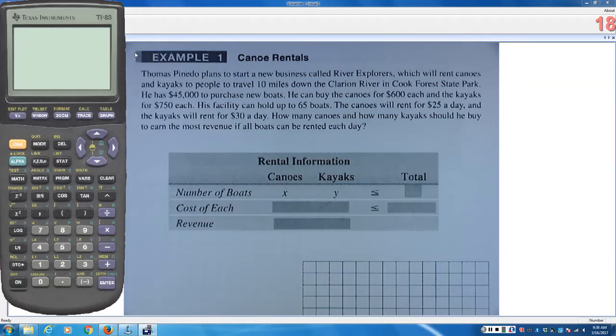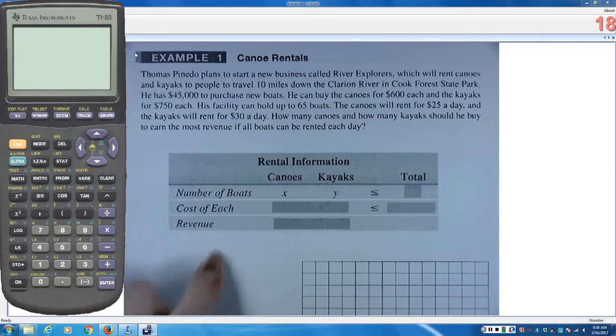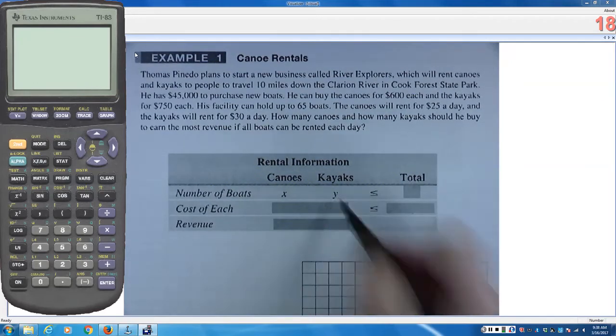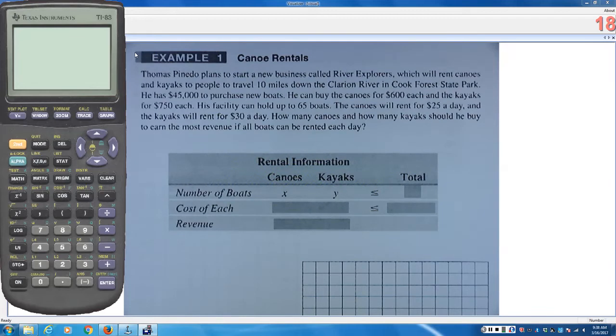First of all, like we had in the last problem, does it make any sense if X represents canoes and Y represents kayaks, for X or Y, either one, to be negative?